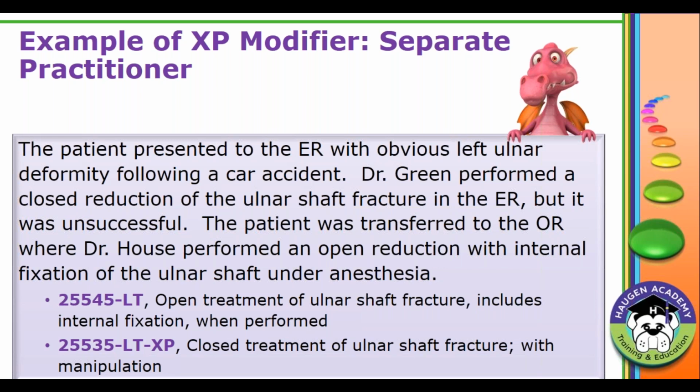If you code an ORIF along with a closed reduction, you are going to get a CCI edit saying that you've unbundled the service. So we can add the XP modifier onto our ulnar shaft fracture or our closed treatment to show that it was a separate practitioner who performed that procedure. Notice that's not the same CPT code. This generates a CCI edit. If it had been two closed reductions, same CPT code, it would have been a modifier 77 since they were done by different doctors.